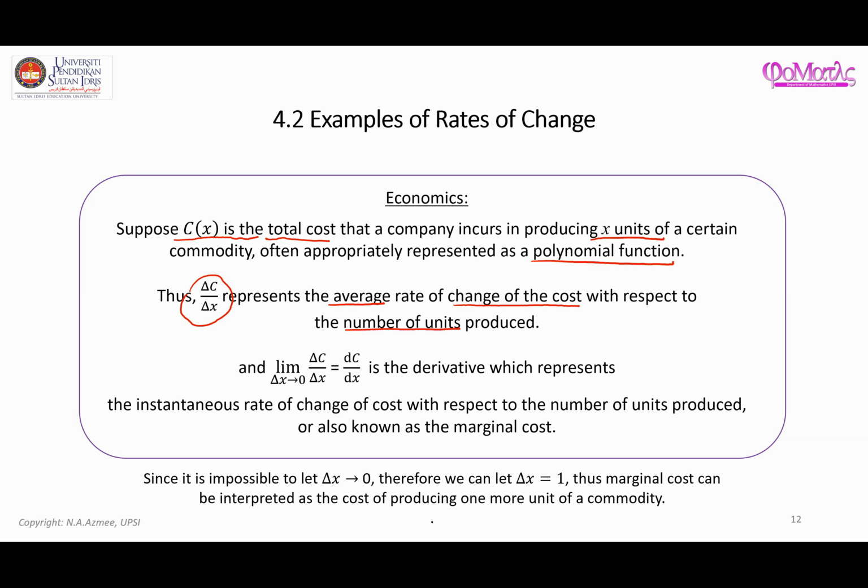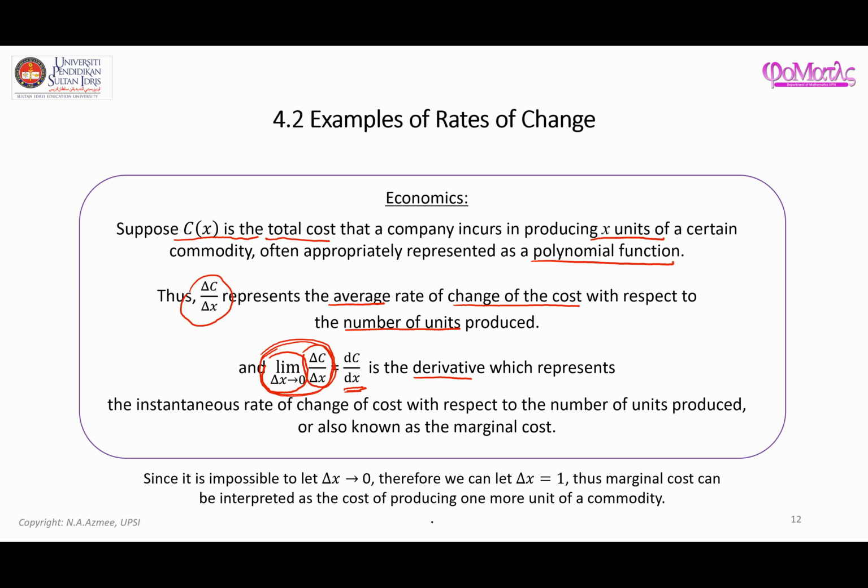Now, if you add the limit as Δx approaches 0 to the existing ΔC over Δx, this whole expression is known as the derivative, which can be mathematically represented as dC/dx.